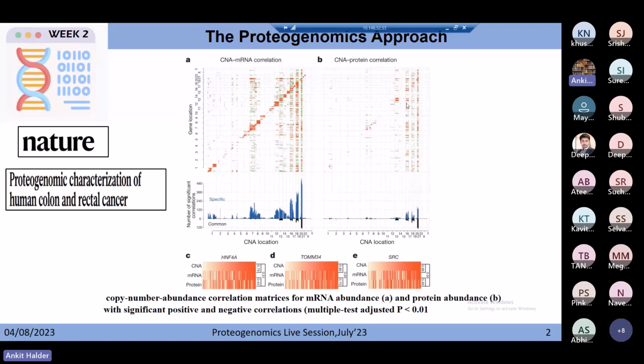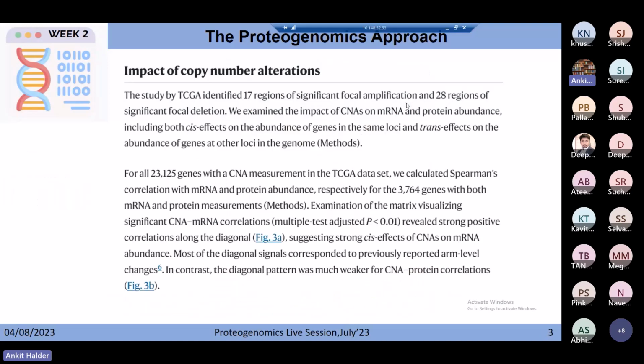Though the copy number abundance is available in the genome sequence, it is not reflected in the protein. So these phenotype expressions need to be monitored alongside the genotype to understand what is actually happening at the phenotype level. Here you can see they identified 17 regions of significant focal amplification and 28 of significant focal deletion. They calculated Spearman's correlation with both mRNA and protein abundance.